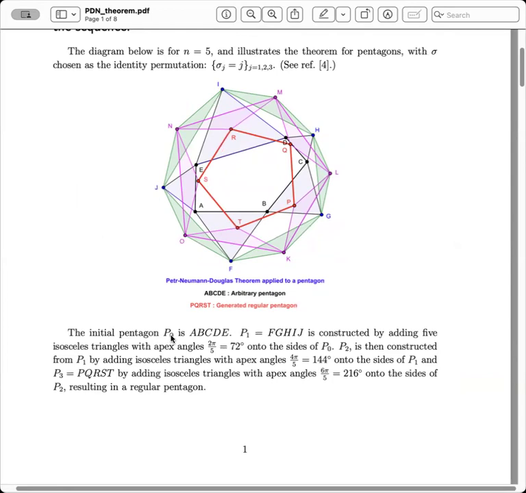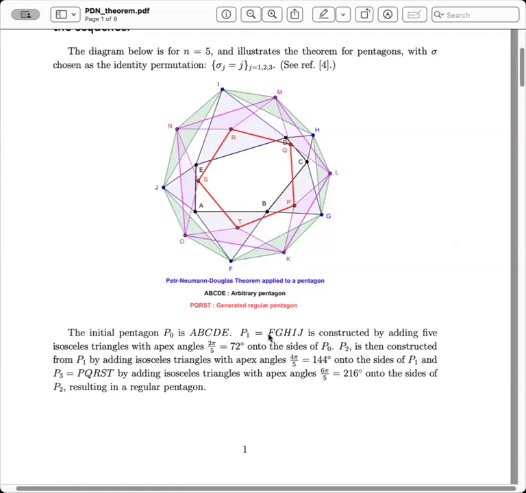So the initial pentagon P0 in this picture is A, B, C, D, E. And the next one, P1, is F, G, H, I, J, which consists of the apices of the isosceles triangles with angles equal to 2 pi divided by 5, or 72 degrees, placed on the exterior sides of all 5 sides of the pentagon.